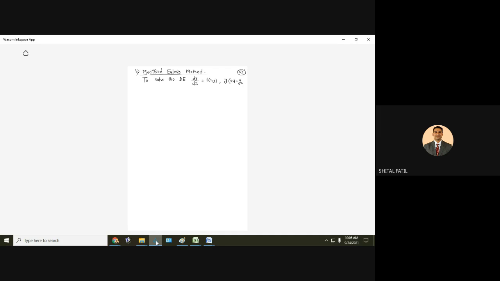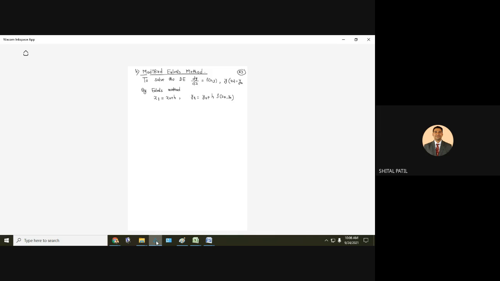This is the given condition. So now we'll start with the Euler's method. By Euler's method that we studied in the previous part, we know what the x1 is: x naught plus h. What the y1 is: y naught plus h f of x naught comma y naught.